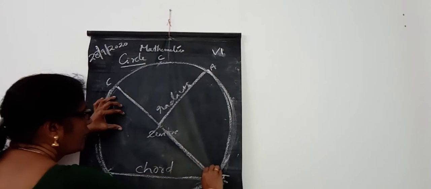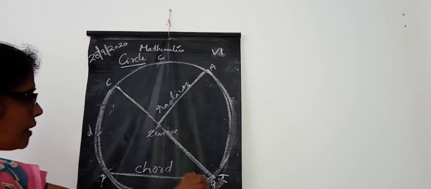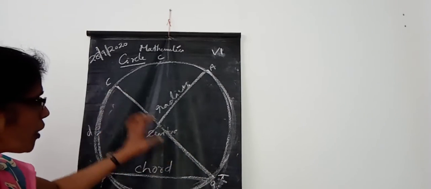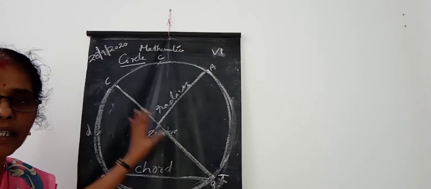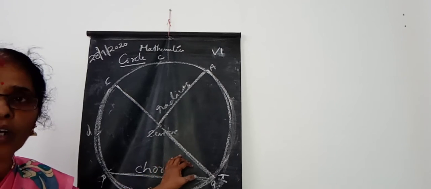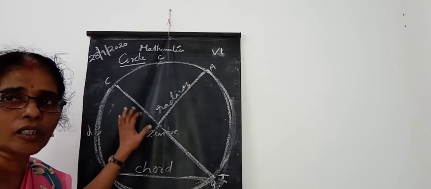C is a point in the circle, and this T is also a point in the circle, and those 2 points are joined with a line segment, that is CT line segment. That is also a chord, isn't it? 2 points in the circle are already joined, so that is also a chord.